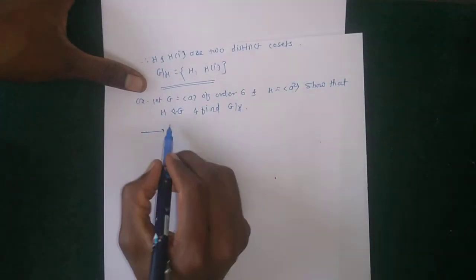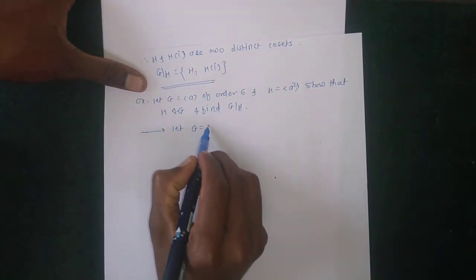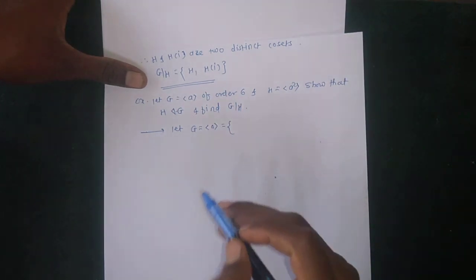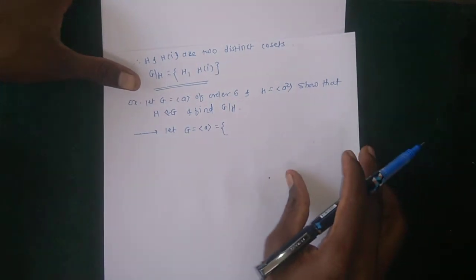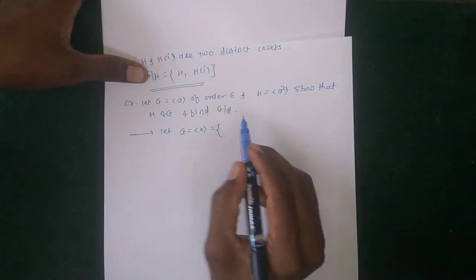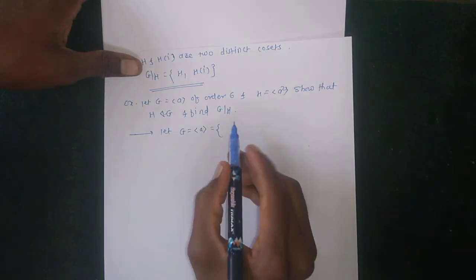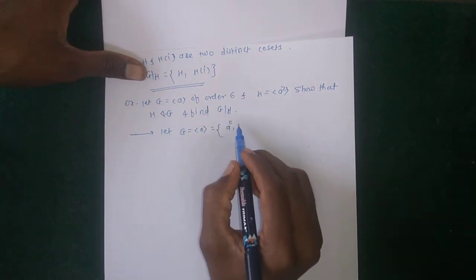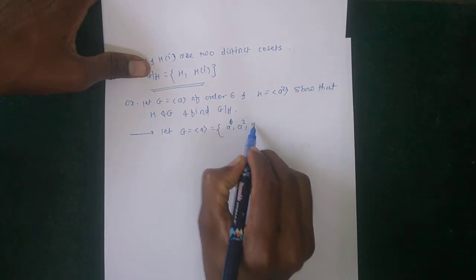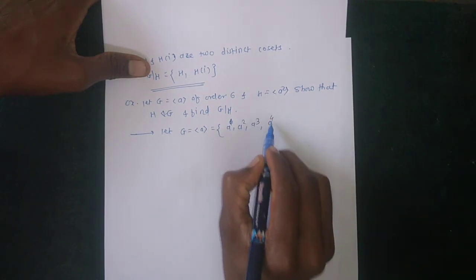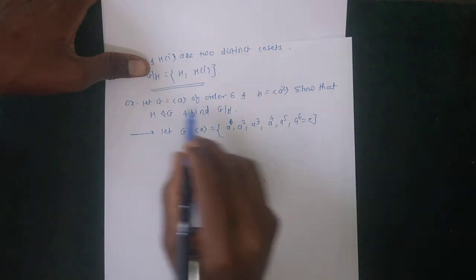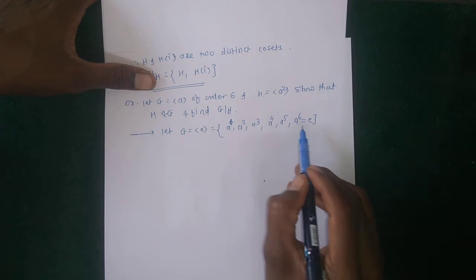Here given that let G equal to generated by A, means all the elements of G are of the form of power of A. Okay, power of A and their order is 6, means A raised to 1, A square, A cube, A raised to 4, A raised to 5 and A raised to 6, and order of G is 6, means A raised to 6 equal to identity.